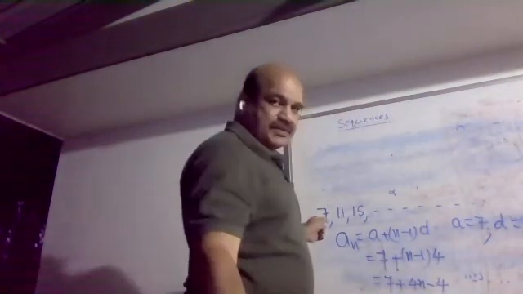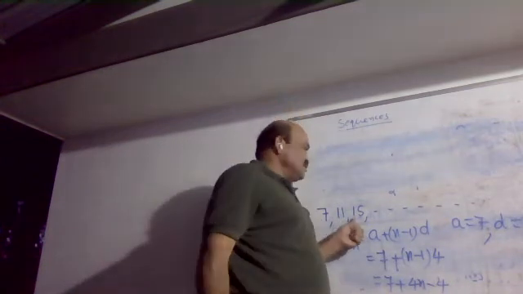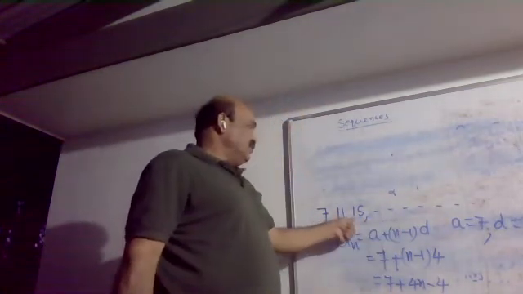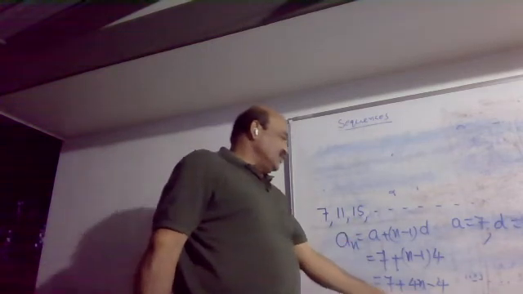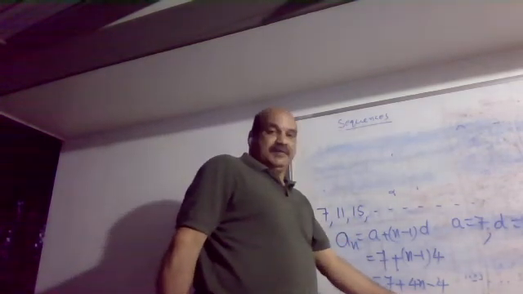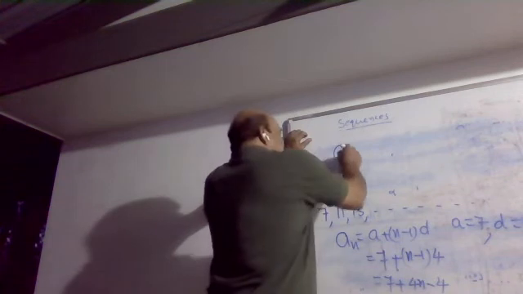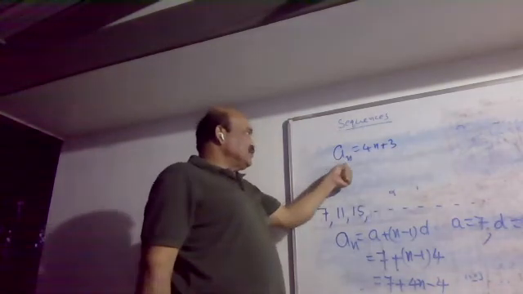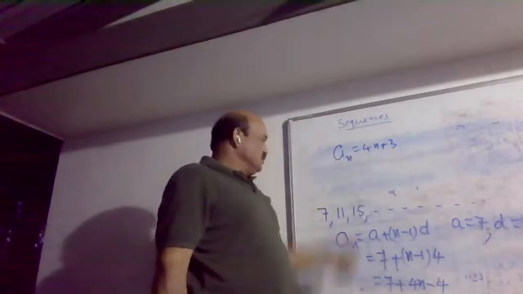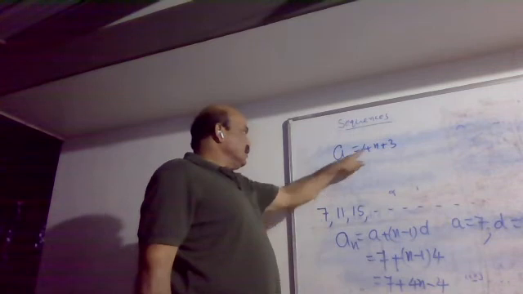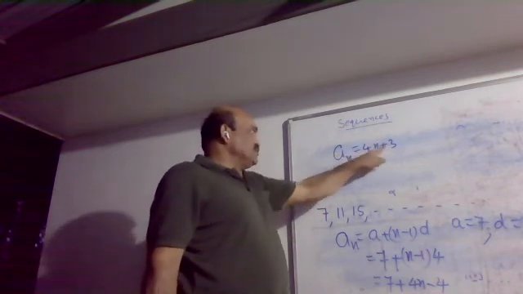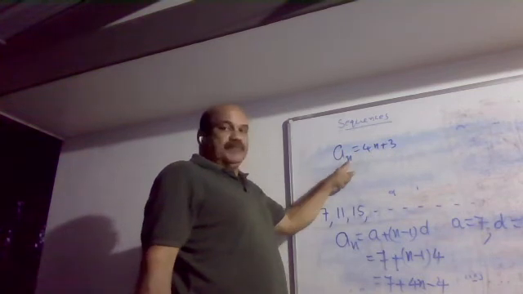Every sequence must have a formula. Here for 7, 11, 15, etc., the nth term is given by 4n plus 3. Look at the sequence here. What is 4 here? 4 is the common difference. And 4 plus 3 gives you the first term.